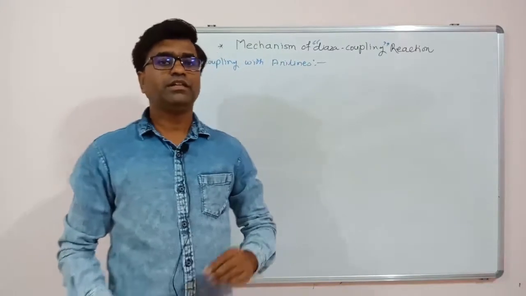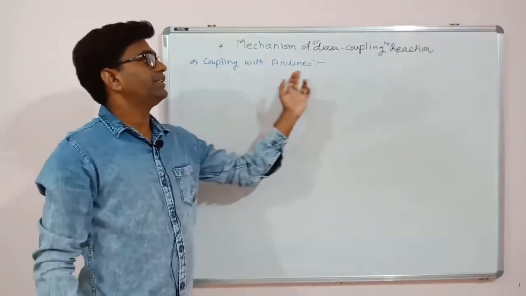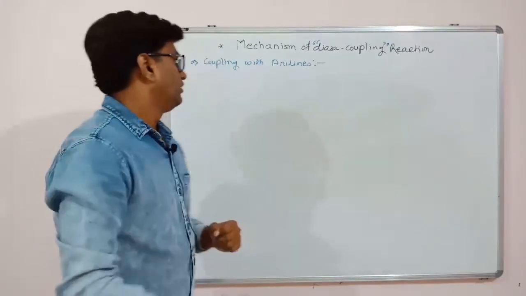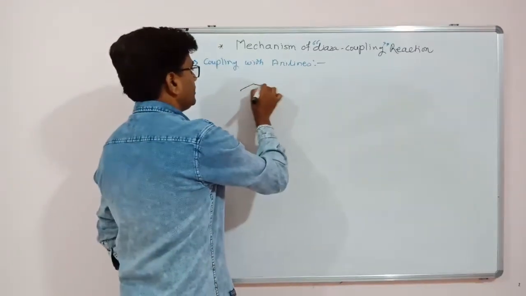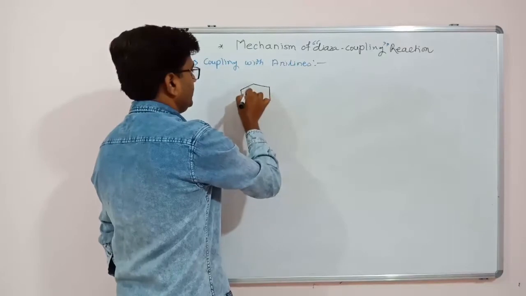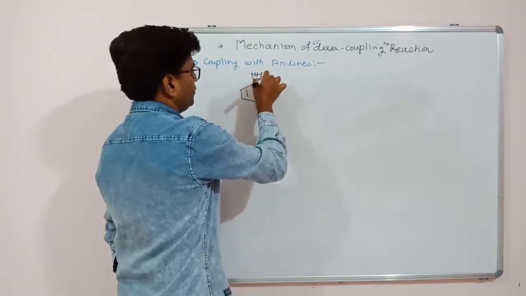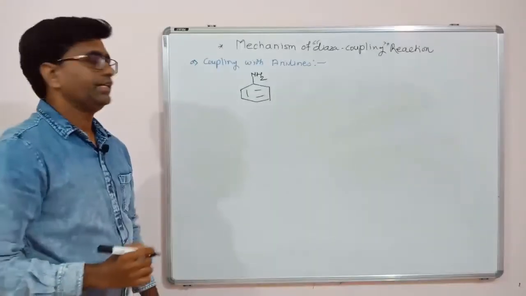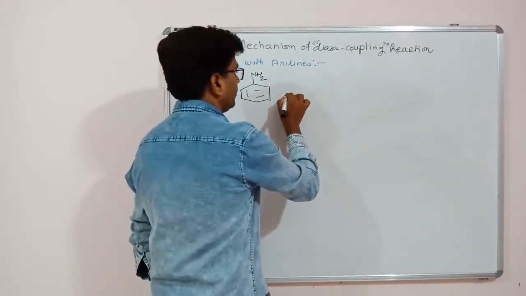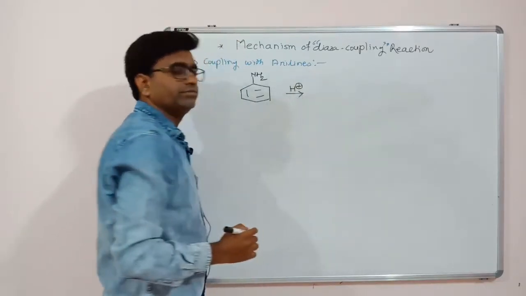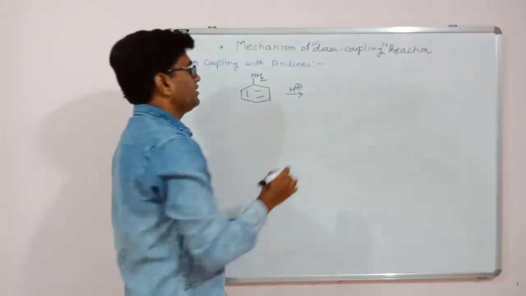Friends, now we will learn diazocoupling reactions with anilines. Anilines are aromatic amines, meaning a benzene ring directly attached to the NH2 group. If we are using highly acidic conditions, what will happen?